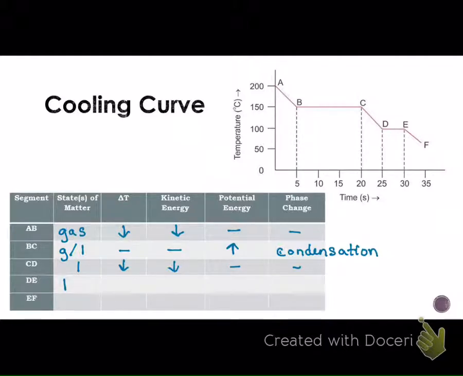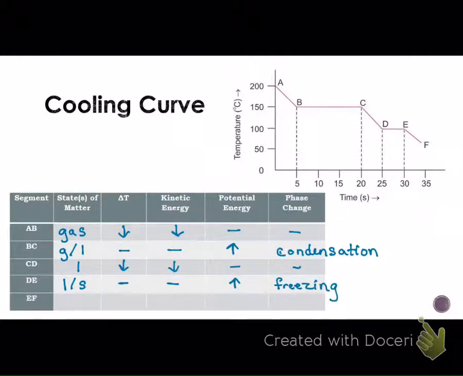We see that plateau, so we're going liquid to solid because we're decreasing temperature. Delta T is the same, so that means kinetic energy is remaining the same. It's going to increase that stored energy, and so at this point we're going from a liquid to a solid. That is called freezing.